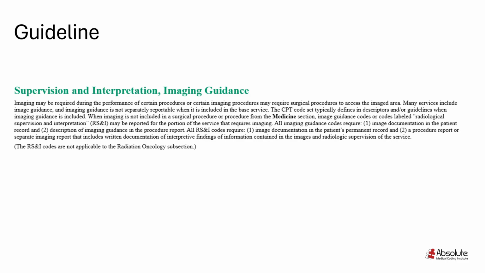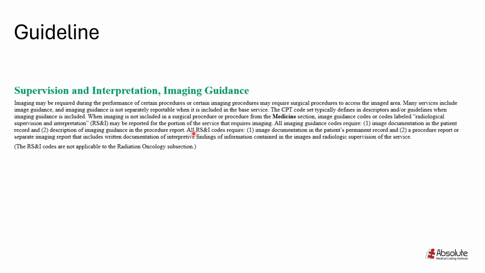When imaging is not included in a surgical procedure or procedure from the medicine section, image guidance codes or codes labeled radiological supervision and interpretation, RS&I, may be reported for the portion of the service that requires imaging. All imaging guidance codes require one, documentation in the patient's record, and two, description of imaging guidance in the procedure report.